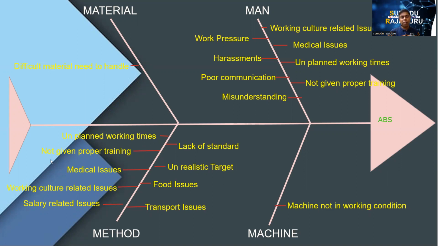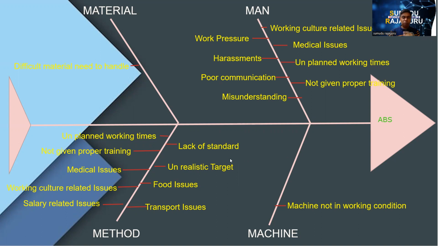Sometimes the organization has a proper mechanism, but the people working in it are not following it and are not giving the proper training. Because of that, I put the same thing under man also. That means some possible causes can be categorized under two or more axes. So this is the sample example.